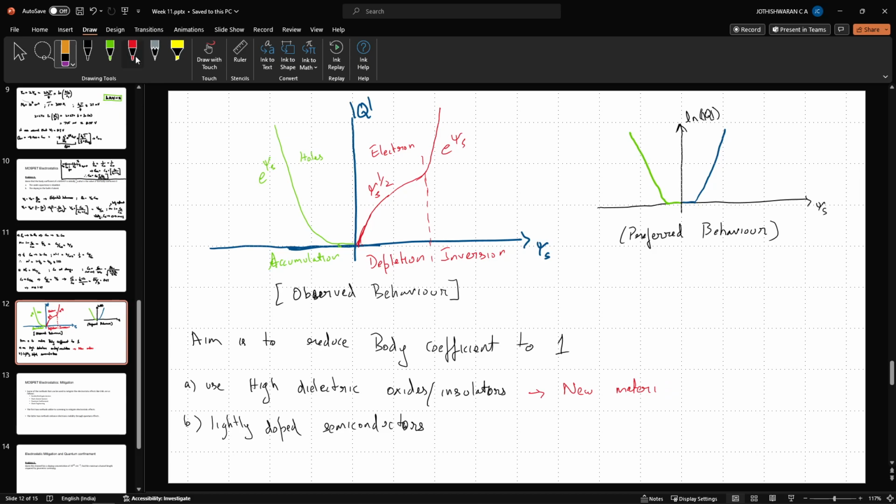So, like you might have seen in the lecture, high dielectric materials are things like, so these are what, like hafnium dioxide or zirconium dioxide or things like that.